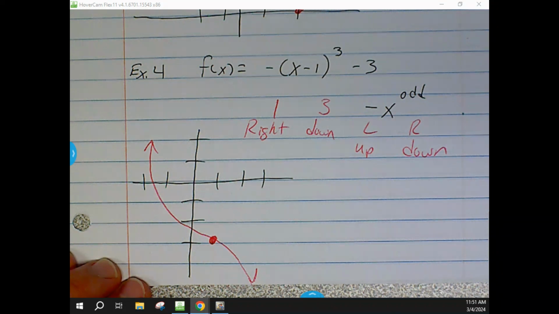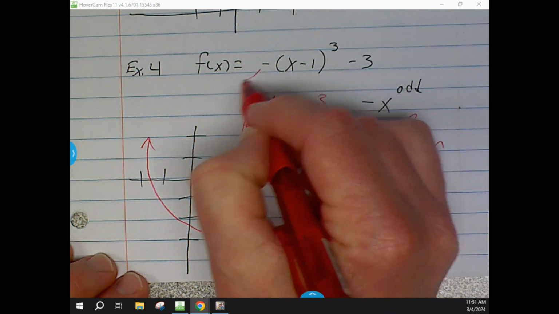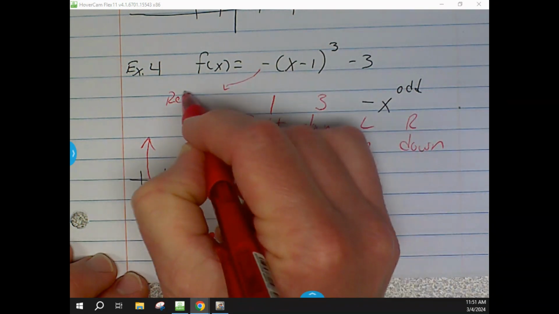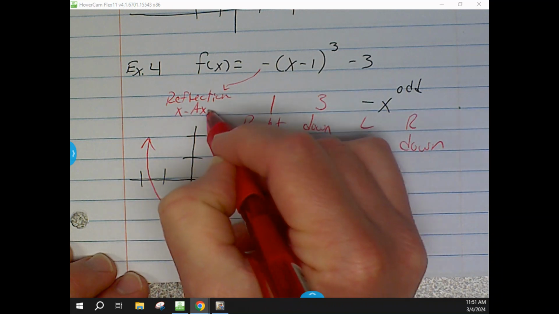Okay. And if they ask you to, some of these I may not even give you a graph, I may just ask you to describe it. Just remember that the negative that's in front just means that's a reflection over the x-axis.